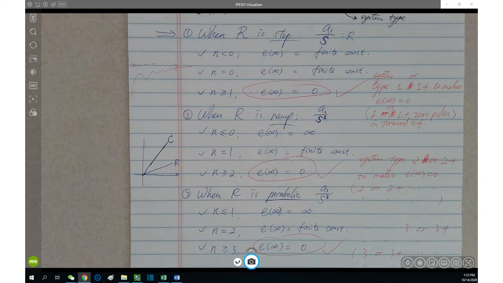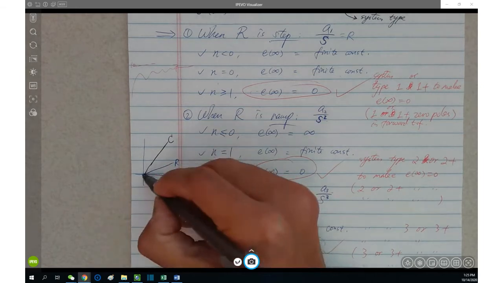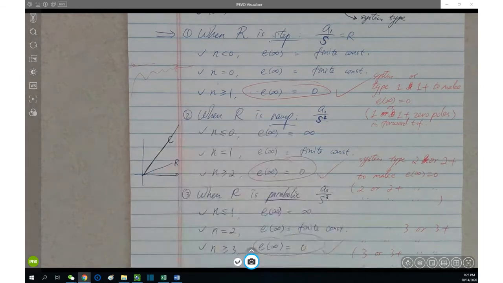No, I'm asking, what is the steady state value? Well, your output is a ramp. So what is steady state error? Oh, I'm sorry, steady state value. Anyone knows?